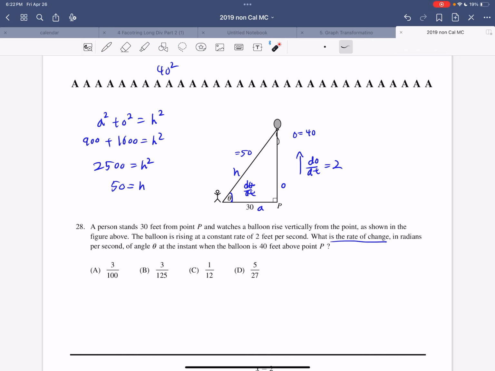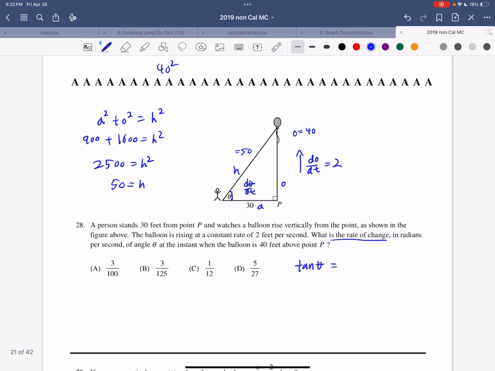If I use tangent, that's going to be simpler. So let's use tangent. Tangent theta is equal to opposite over adjacent, right? We don't know what O is.